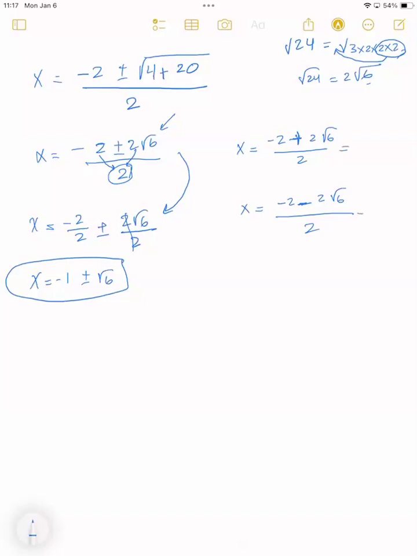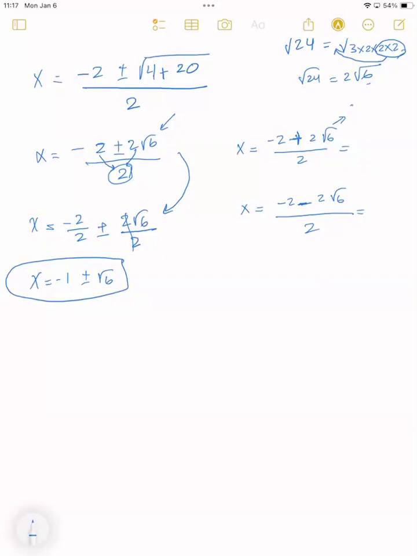But if you want to find an estimation, you need to find the square root of 6. Sorry about that, I didn't do this correctly. The square root of 6 is 2.45.